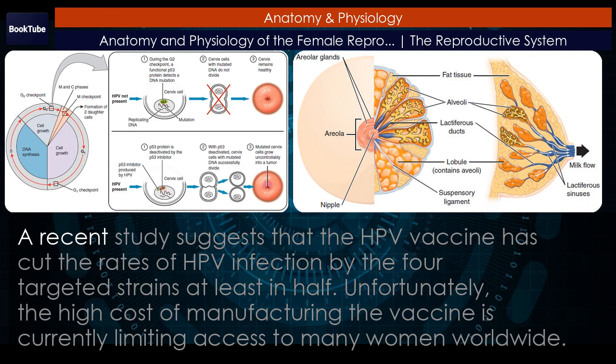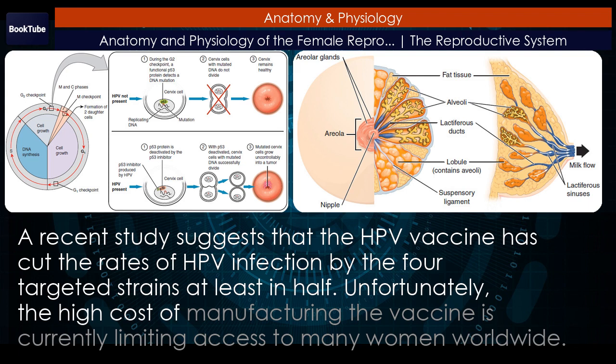A recent study suggests that the HPV vaccine has cut the rates of HPV infection by the 4 targeted strains at least in half. Unfortunately, the high cost of manufacturing the vaccine is currently limiting access to many women worldwide.